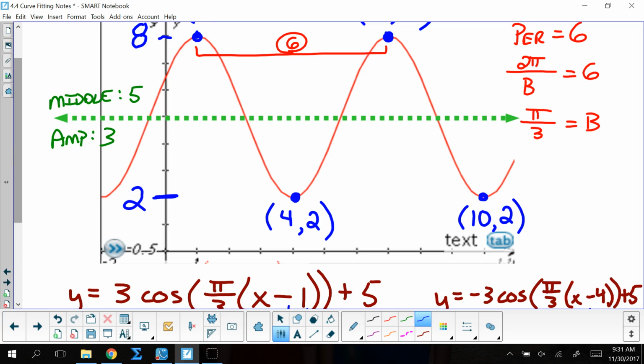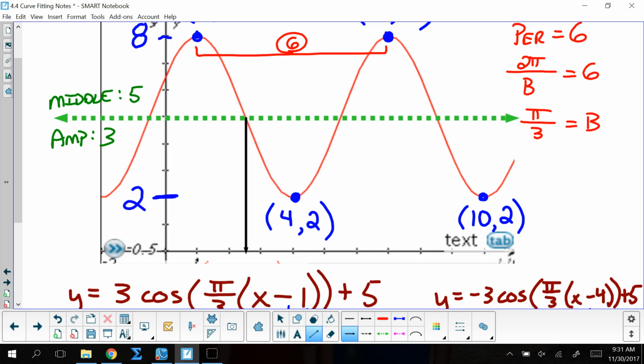Okay. So just looking at this particular middle point right here, where is it? 2.5-ish maybe? Okay. So based upon your graph, you might have to adjust.